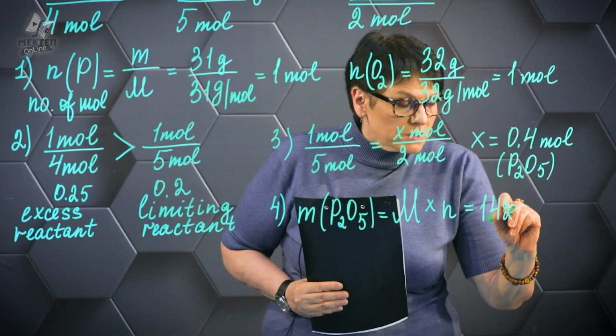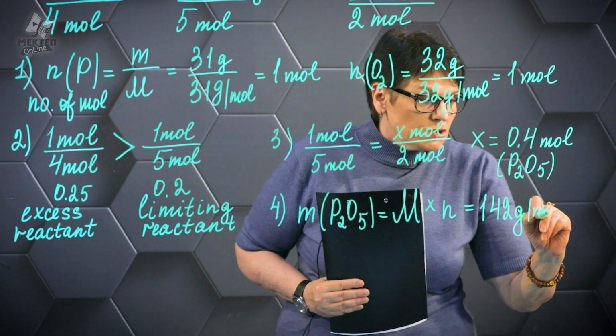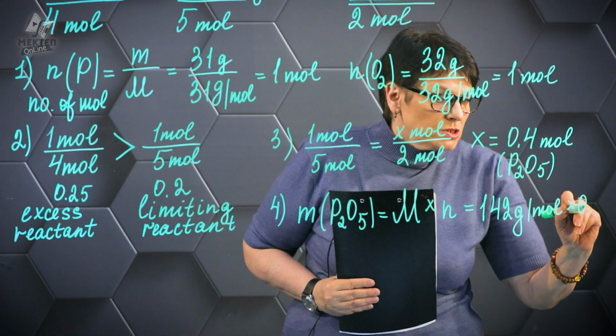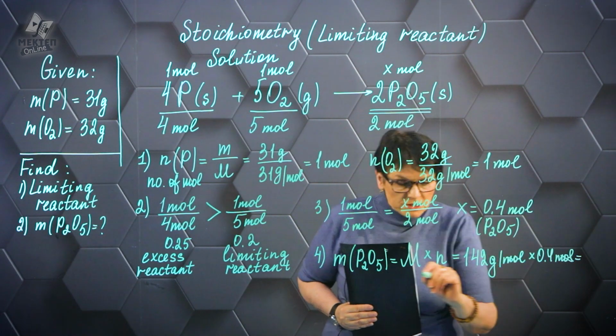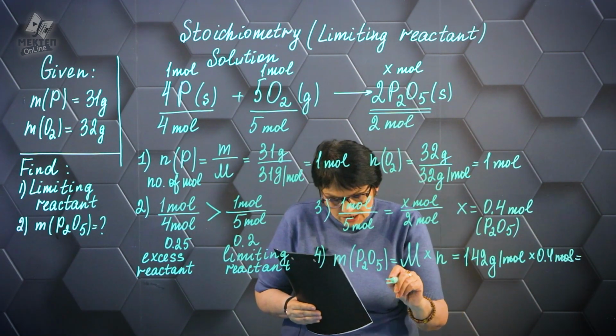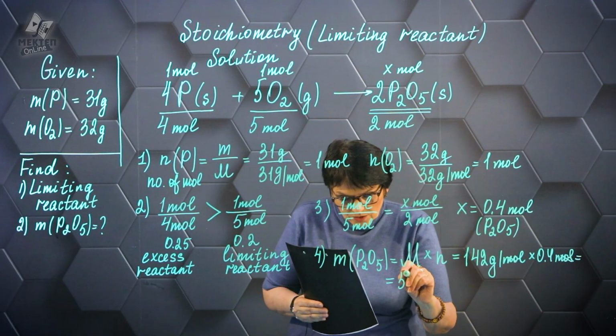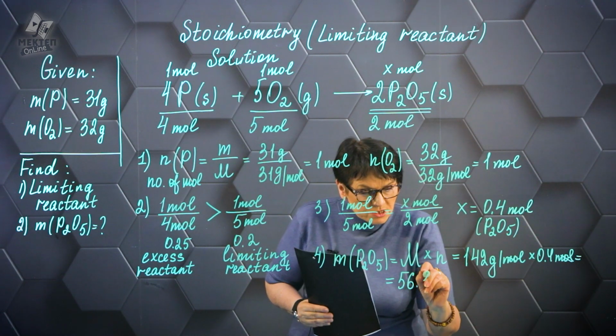This will be 142 grams per mole, multiplied by 0.4 moles. Moles cancel, and we get that the mass of P2O5 will be 56.8 grams.